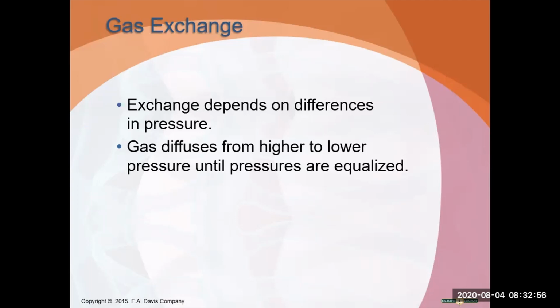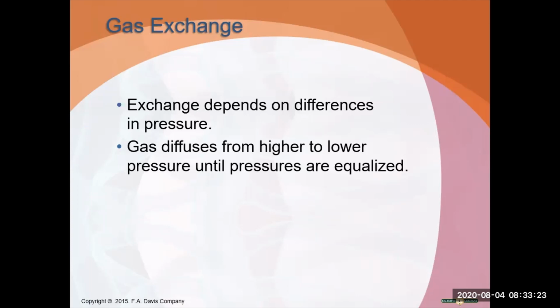The contribution of a single gas in any mixture of gases is called partial pressure. A gas's partial pressure is symbolized by the letter P followed by the formula for the gas, such as PCO2. So that would be your partial pressure of carbon dioxide. And the other part would be oxygen, and the other part would be nitrogen.